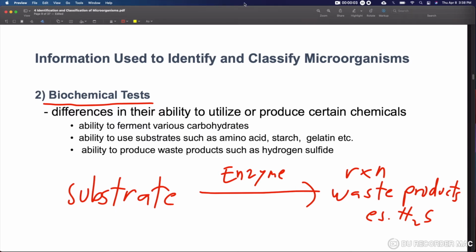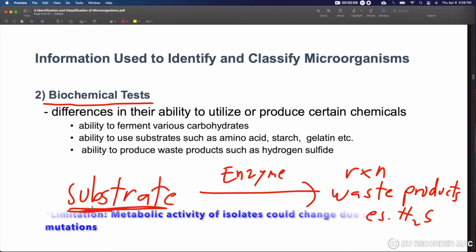So for the biochemical test, we use different substrates and we depend on the differences of the metabolic activity, or the ability of your different microorganisms to degrade or to utilize those substrates and produce a reaction product.